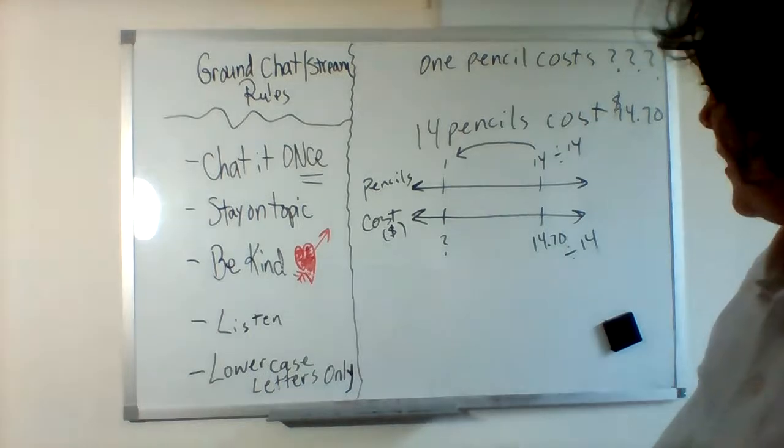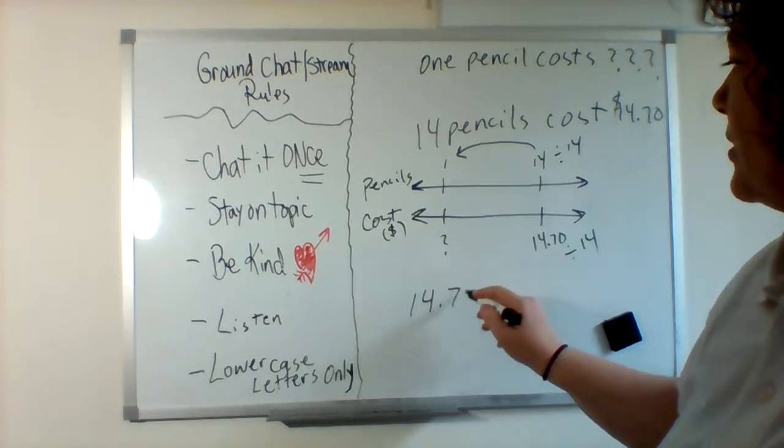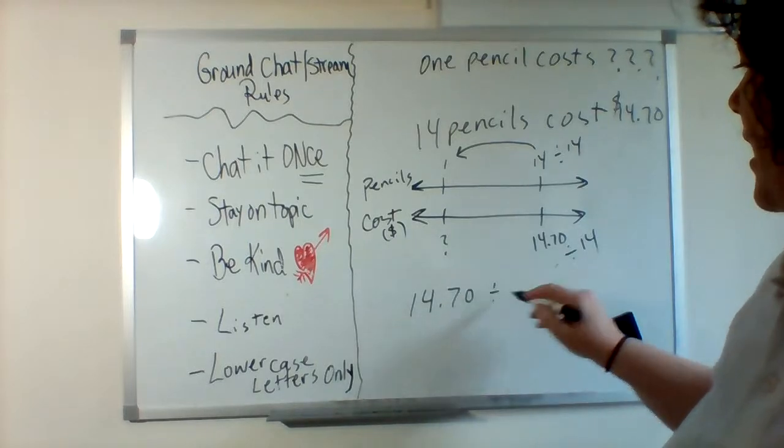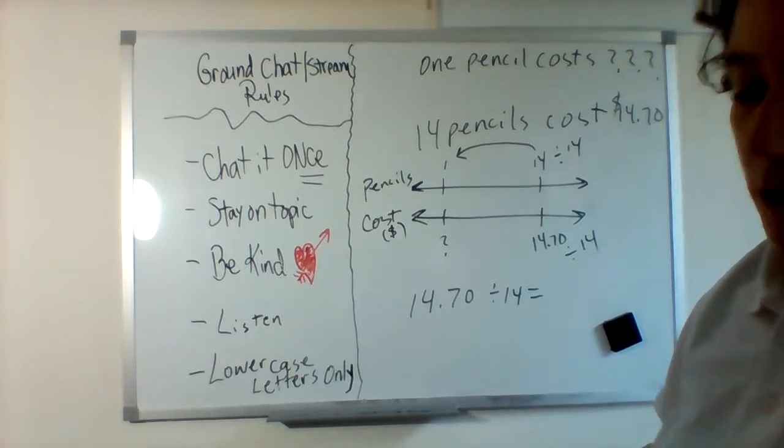So Alex, this is what I was looking for. Your equation or expression should say 1470 divided by 14 equals, and then you got to tell me the answer, and it's not 95 cents.